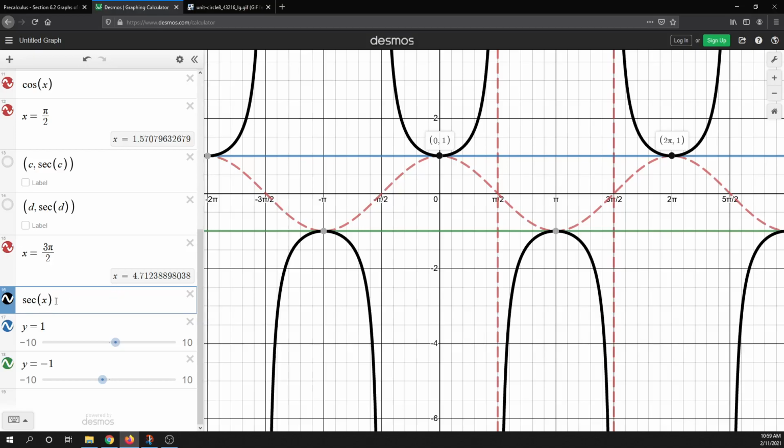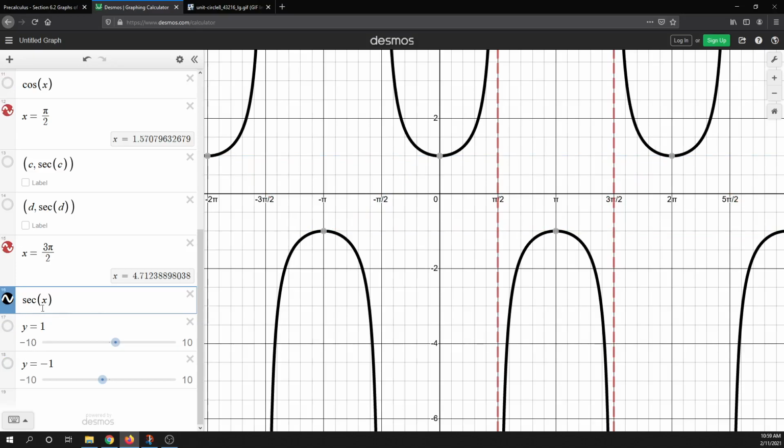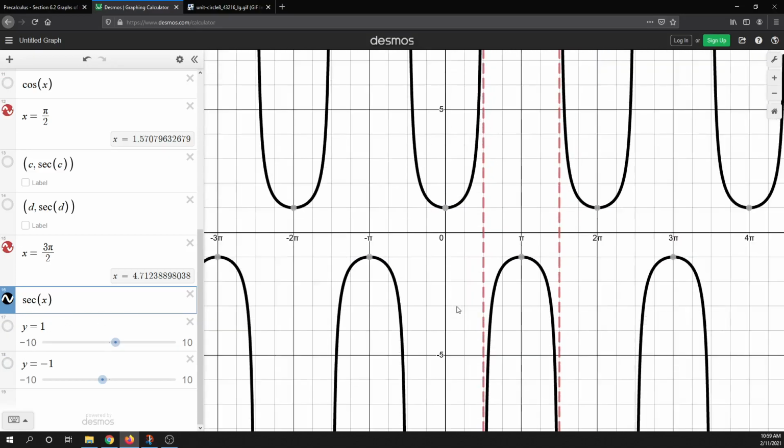Because the equation of the vertical asymptotes has the form x equals the number, right? So x equals pi over 2, x equals 3 pi over 2. All right, so that's what the secant function looks like here.